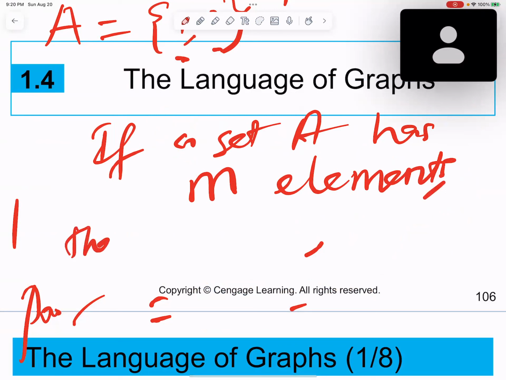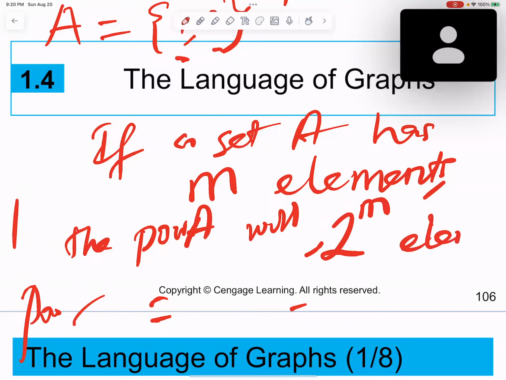Then the power set of A will have 2 raised to the power m elements. This is very important. This is going to come out in many of the quizzes.